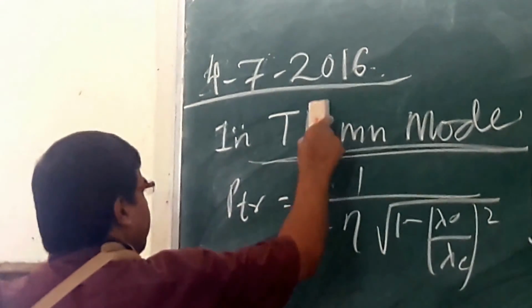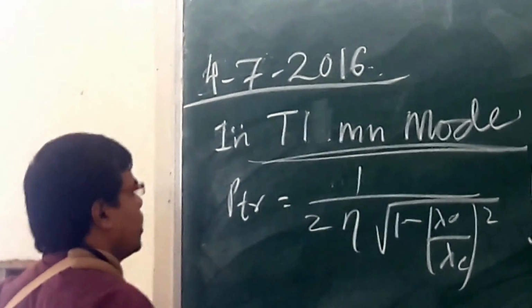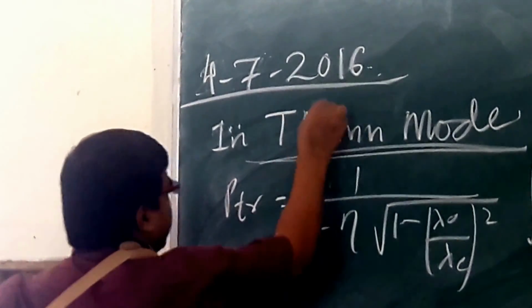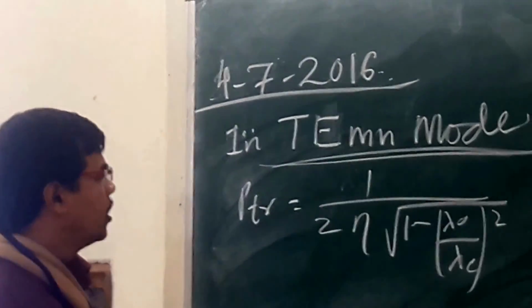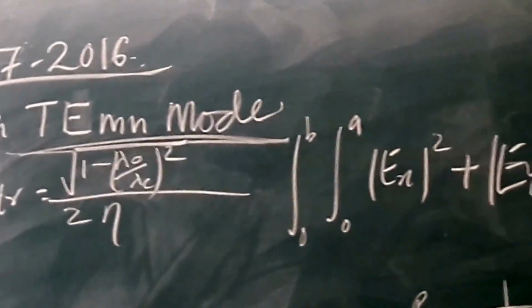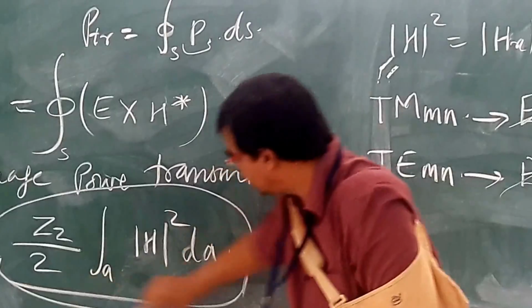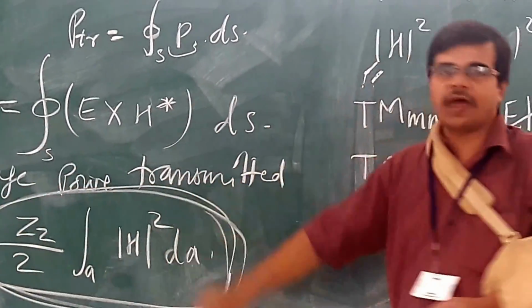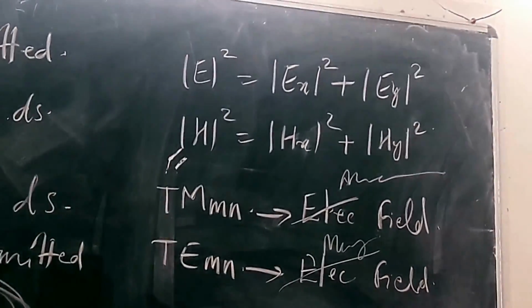Now suppose instead of transverse magnetic, you have a transverse electric MN mode, then what will be the equation? Transverse electric MN mode. Just consider your wave impedance. For the transverse magnetic case you have this equation for the magnetic field.